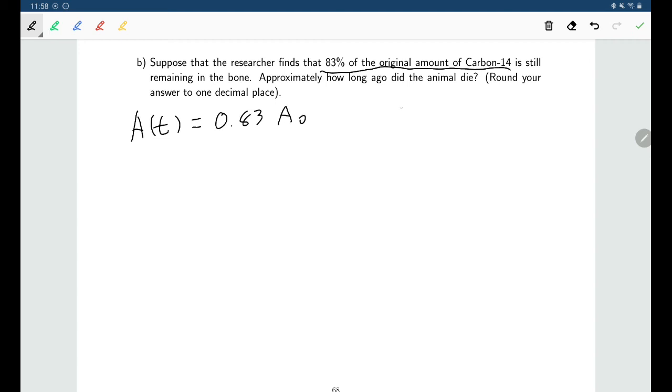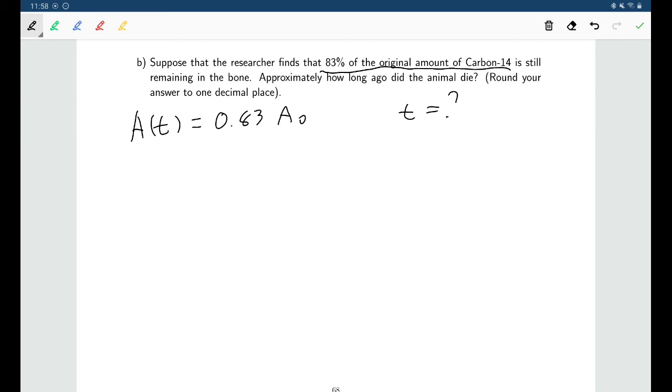What we want to know is, what is T? T is how many years is it since the animal died? So that's what we want to know. What is T? How long has it taken for this bone to have lost 17% of the original amount of carbon-14? How long does it take for us to still have 83% of the original amount?